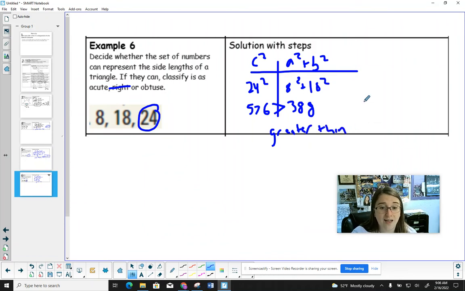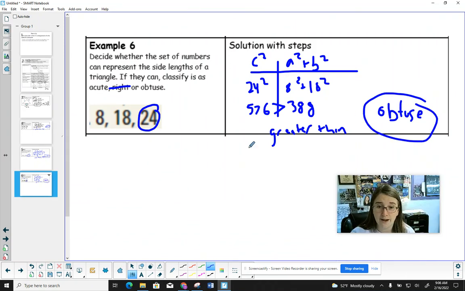So again, I think greater than, I think obtuse. Bigger than 90, right? So that's all this is going to be. Each time you just check this math, and then depending on how they compare, it's either acute, less than; right, equal to; obtuse is greater than.